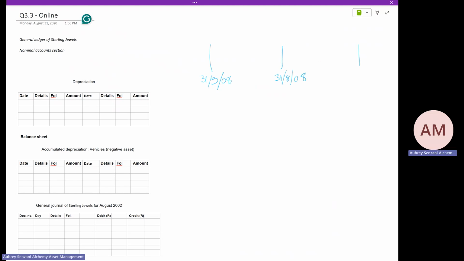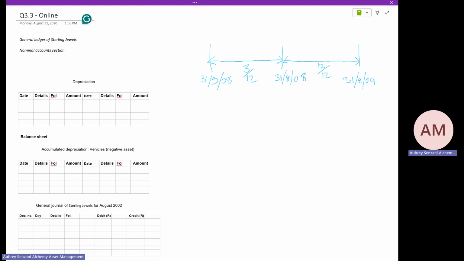And we also need to do this for 31 August 09. So from here to here, it is 3 months. So we're saying June, July, and August. Okay, 3 months, 3 over 12. And here it's a full year, so 12 over 12.